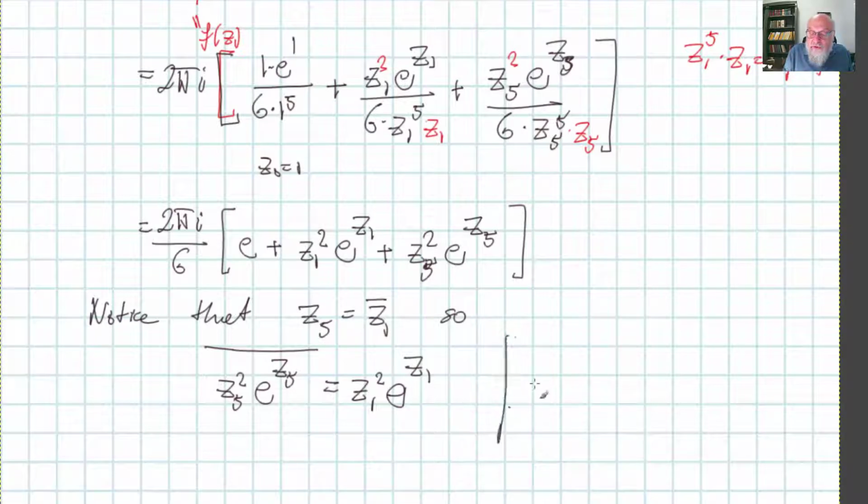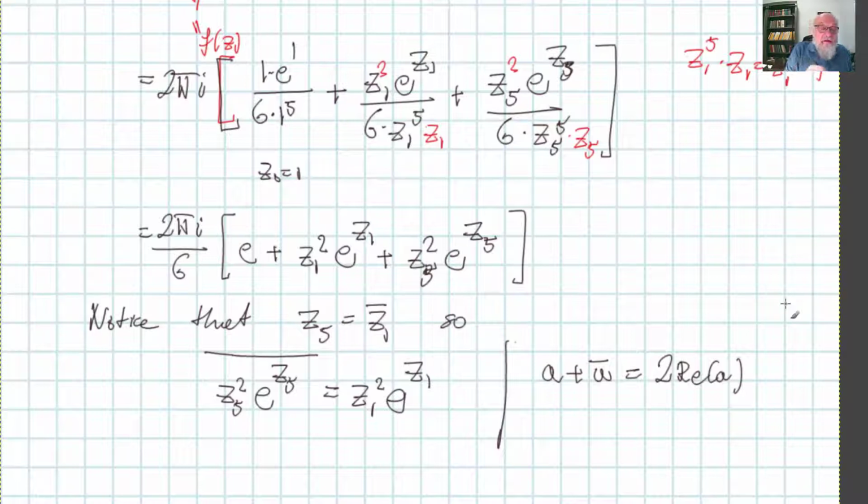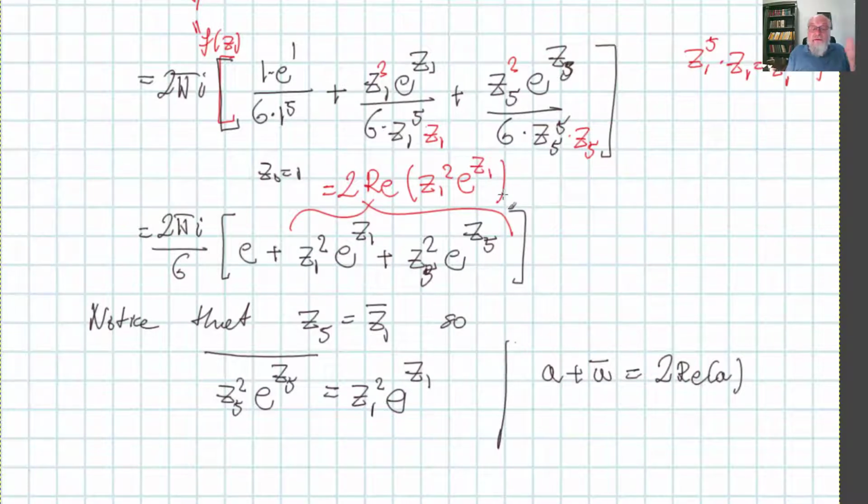But remember, if you have 2 conjugates, like a number A plus the number A conjugate, you will be getting 2 real parts of A. So in this case, this will be equal to 2 real parts of Z1 square e^Z1. 2 real parts.